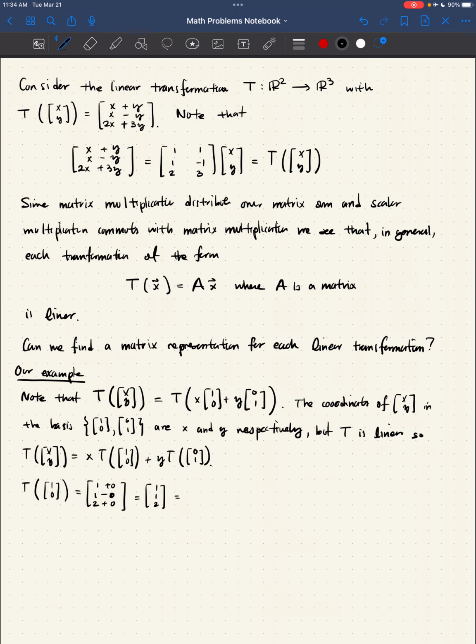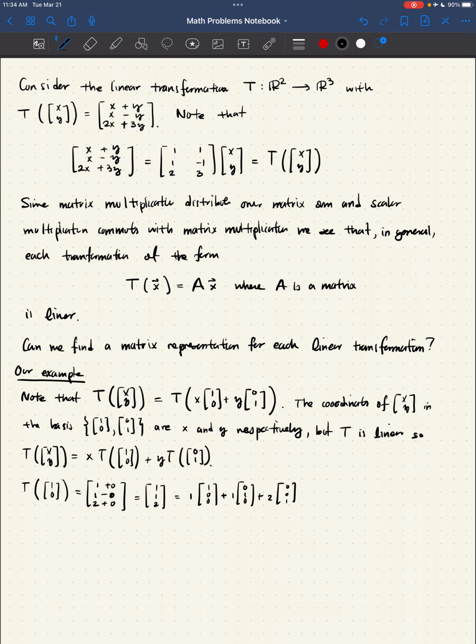How so? Well, because I can decompose it as 1 times 1, 0, 0, plus 1 times 0, 1, 0, plus 2 times 0, 0, 1.